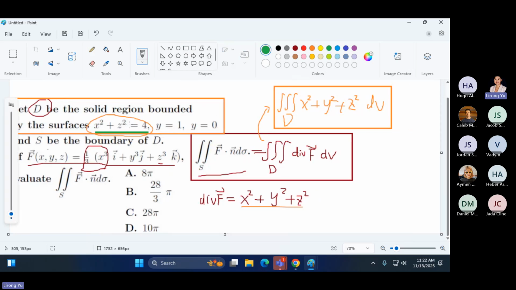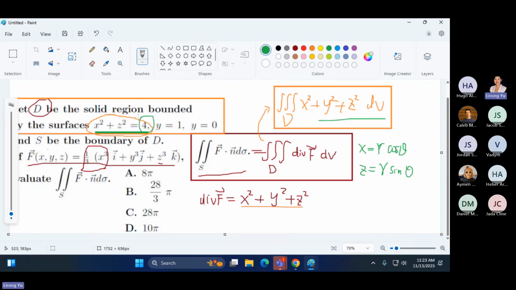Now, since we have x squared plus z squared equal to 4, it's better to just do x equal to r cosine theta, z equal to r sine theta. We're doing a triple integral, so we can't just change r to 4, right? We will reduce the number of variables.